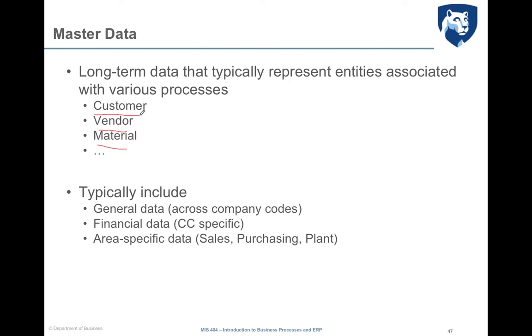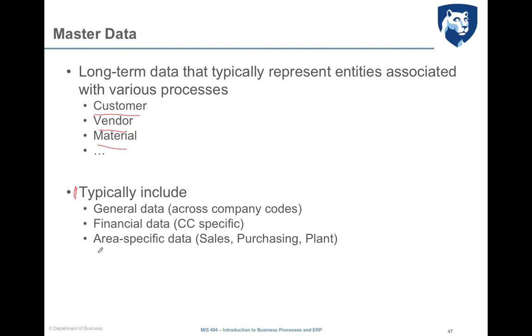In particular, we can distinguish the master data in 3 different categories. We have general data, which are essentially common across the different companies under the same client. Then we have financial data, which are instead company specific, because financial data are related to the single company.